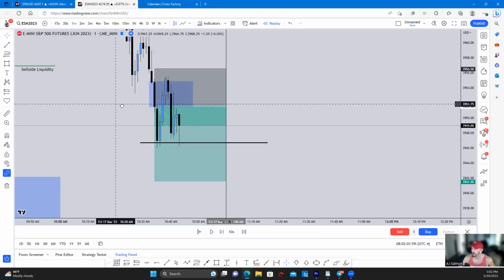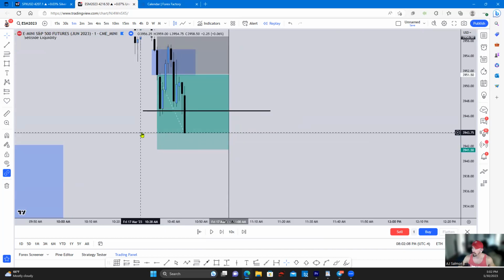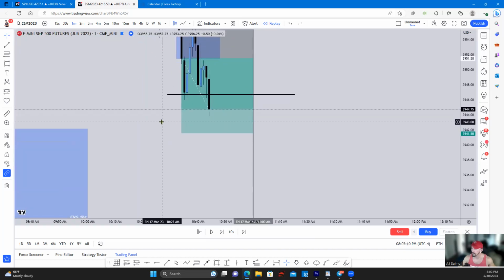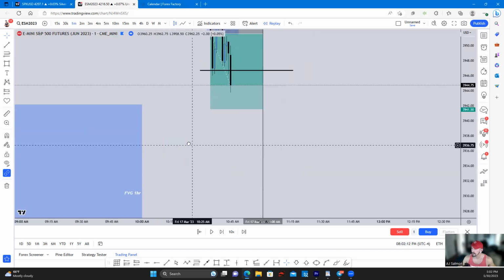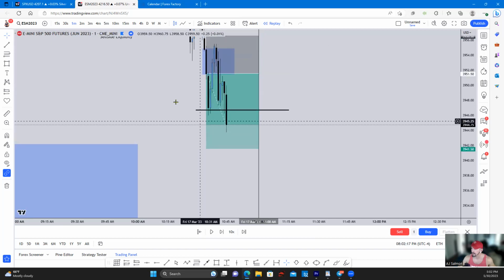There's your 5 there. So you can take partials. And once we drop below, cover your 5 here. And as you can see, this 1 hour lines up perfectly with our 10. So it gives us enough range to reach.